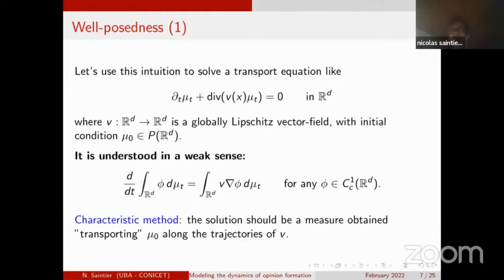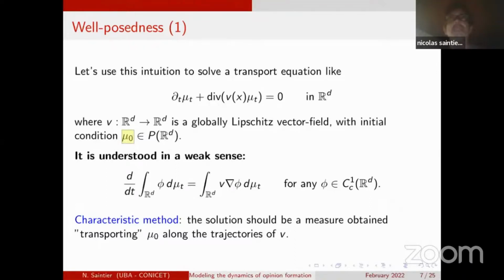So how can I put that mathematically? The fact that I would like to transport my initial distribution along the flow. So we are saying that we want to solve this equation for any initial condition mu0, any probability measure mu0.